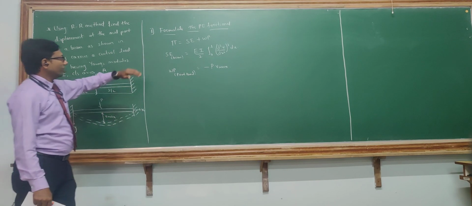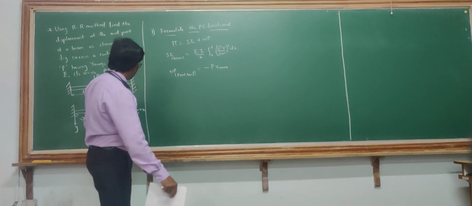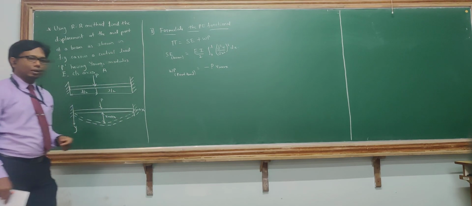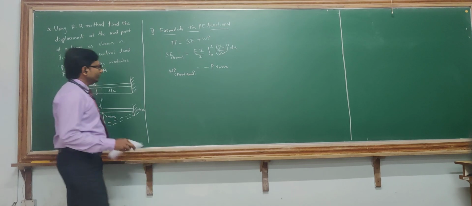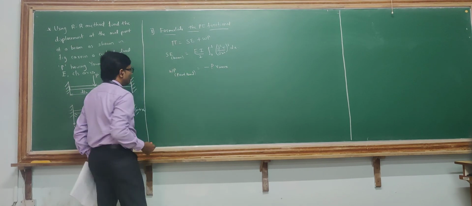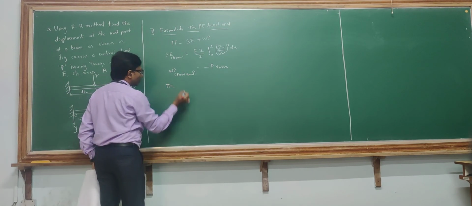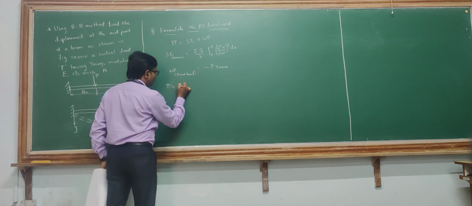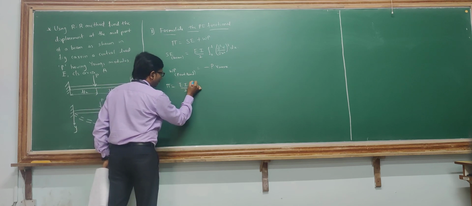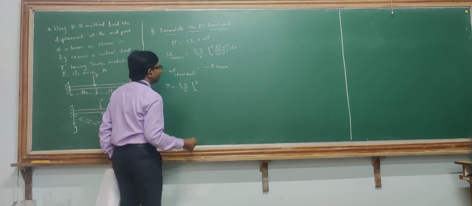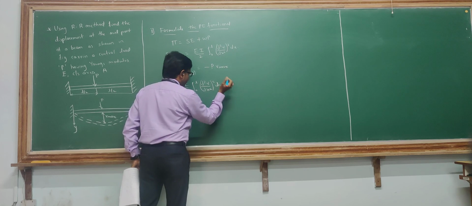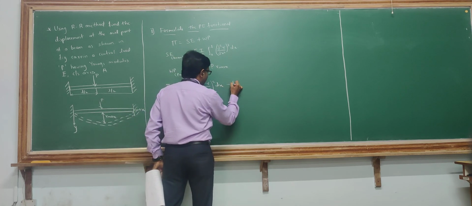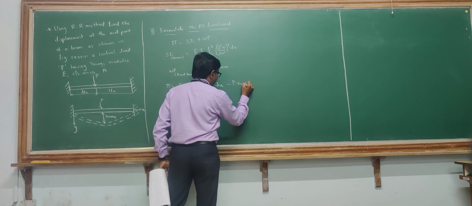So strain energy we have already derived. Work potential will be based on the load which is being applied and the deflection of the beam. So I will just substitute these values here. Pi is equal to the strain energy, EI by 2 integration 0 to L, del square V by del x square, the whole square, into dx, minus P into Vmax.